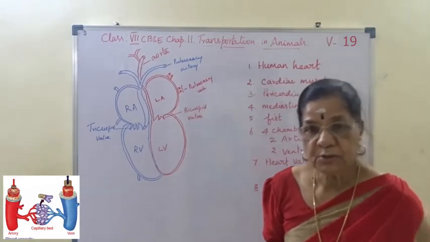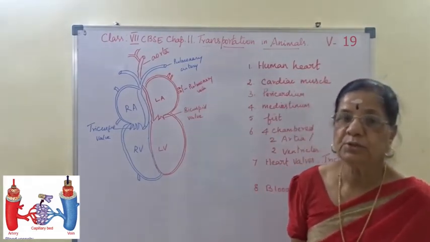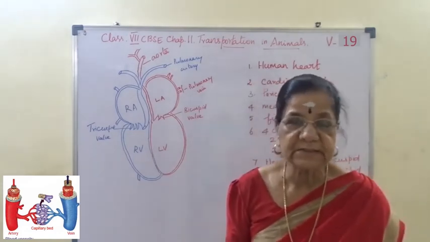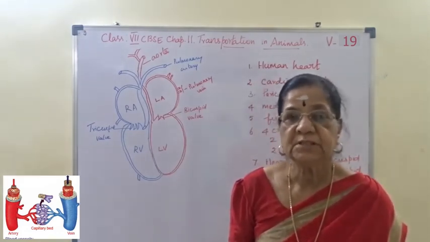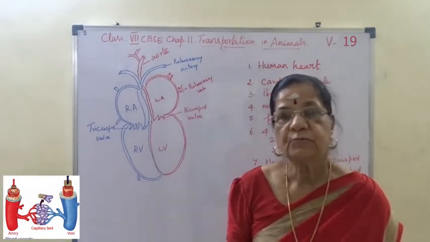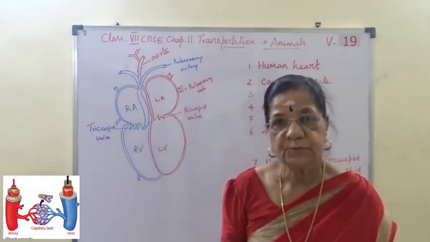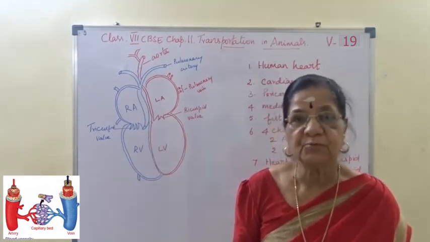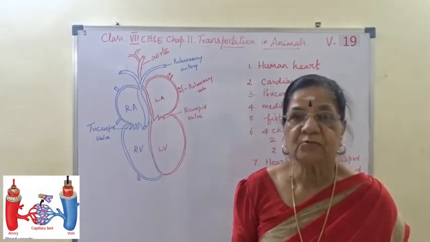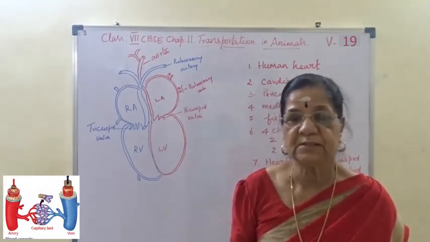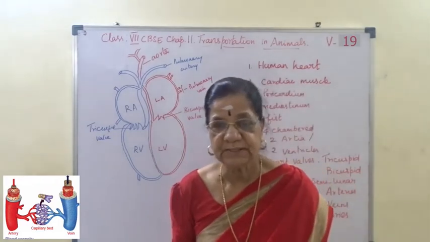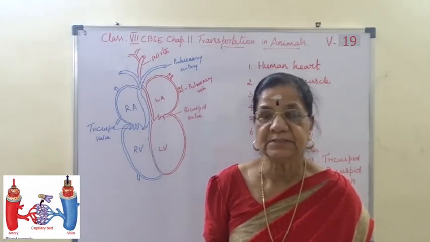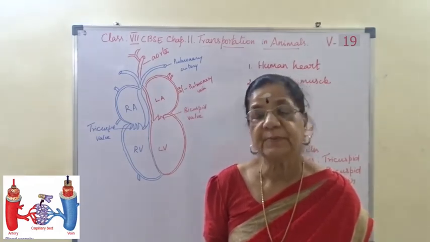Is it not? So today we are going to learn about transportation in animals, the circulatory system in man, which includes the structure of the human heart, working of the human heart, and then the composition of blood, that is the structure of blood and its function. These topics are the side headings under transportation in animals, circulatory system.